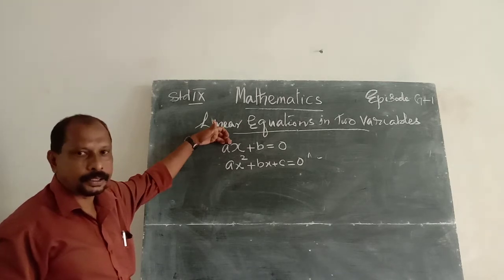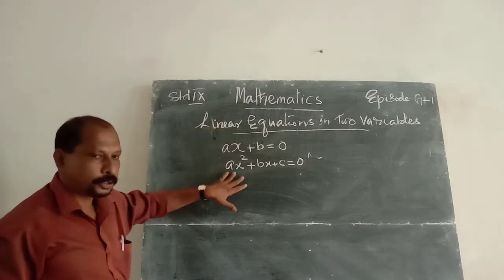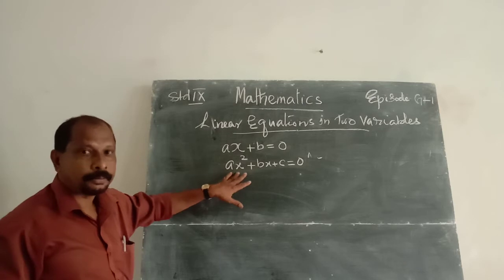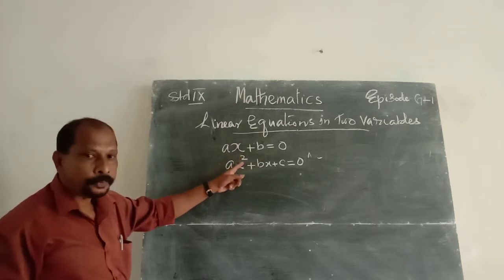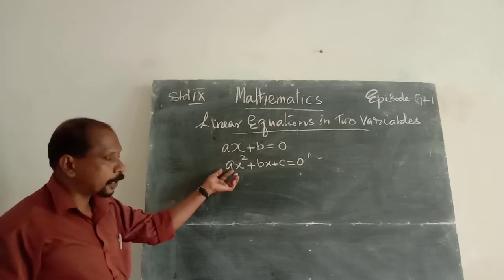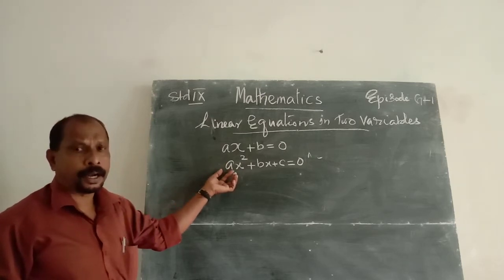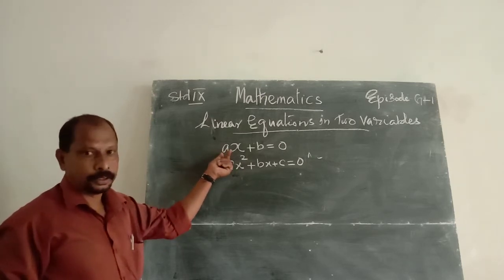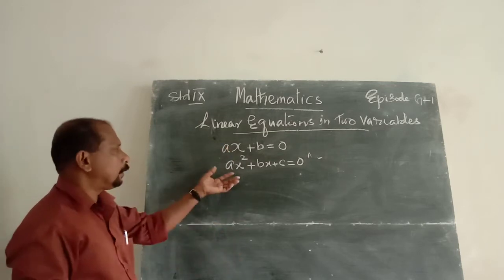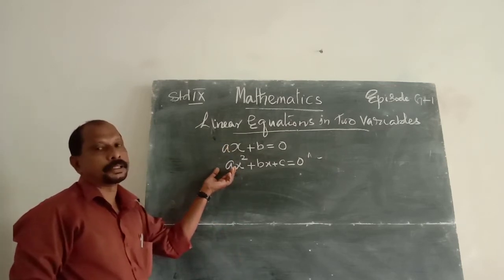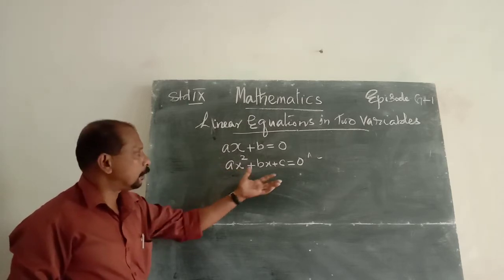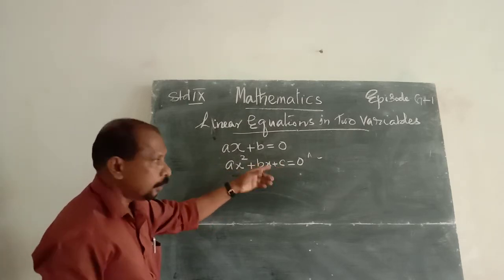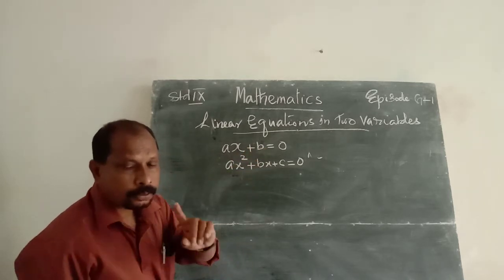Second degree equation means the highest power of that variable is 2, and the coefficient means the number attached with the variable. That is a constant, known as the coefficient of x, but that coefficient is not equal to 0, because if it is 0, it is only a single equation. In this equation, how many variables? There is only one variable.